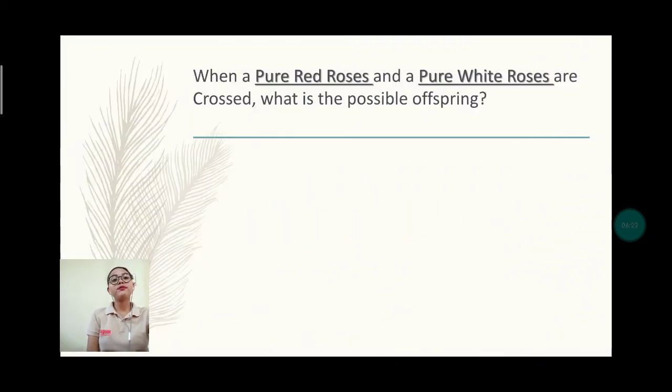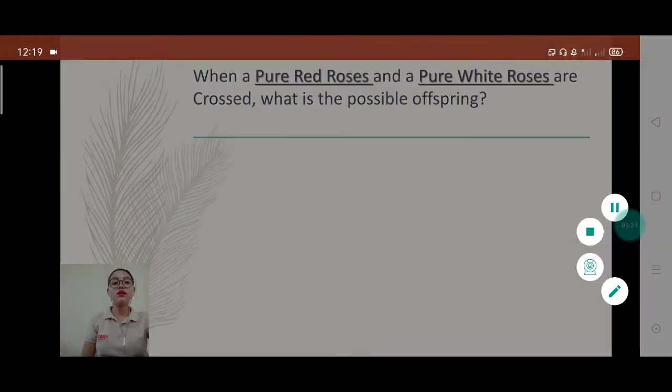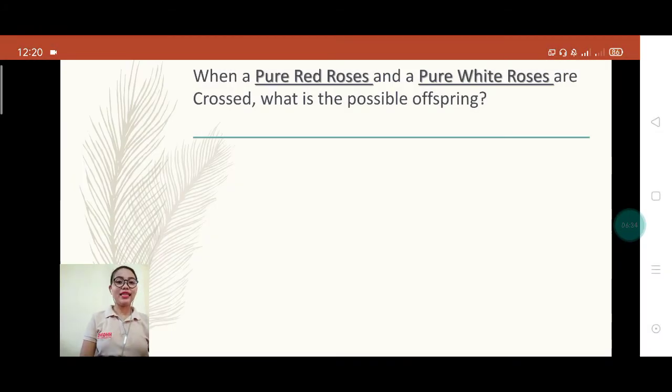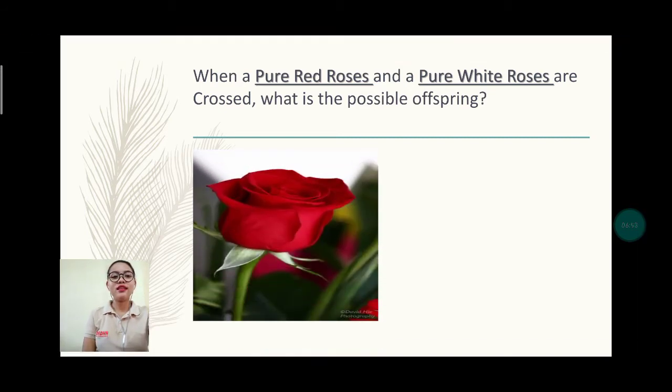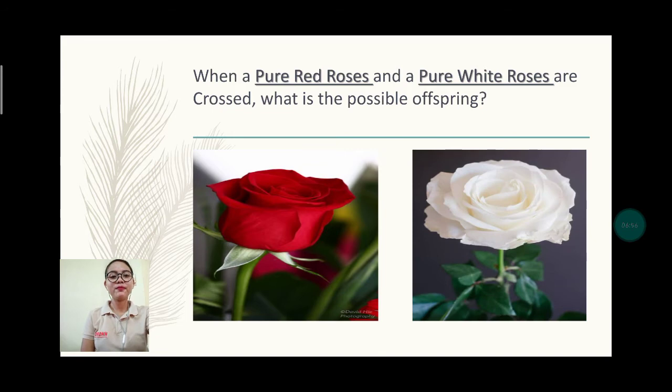Okay, for example, here's a sample problem. When a pure red roses and a pure white roses are crossed, what is the possible offspring? What do you think, class? Take note, pure red and pure white roses.